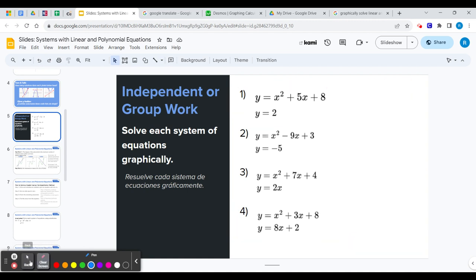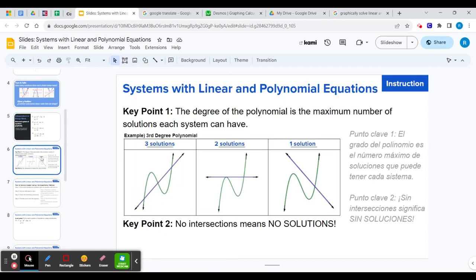Just like yesterday, we are going to take what we learned graphically and find out how to do it on paper as well. First, I want to jot down what we've learned graphically into our note sheet. First key point: the degree of the polynomial is the maximum number of solutions each system can have.